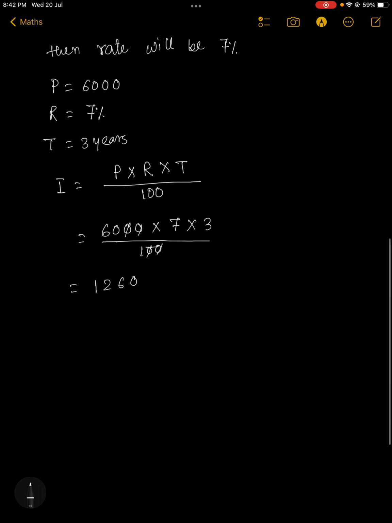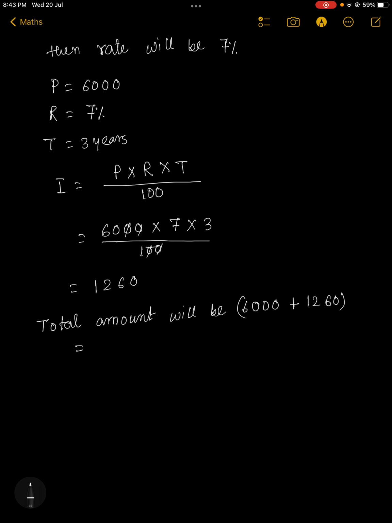That is the interest. So the total amount would be 6,000 plus 1,260, equal to 7,260. Okay, so this is the answer.